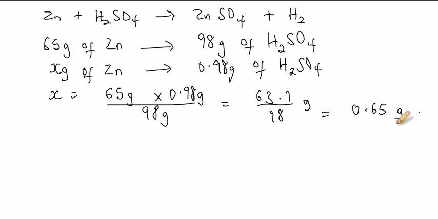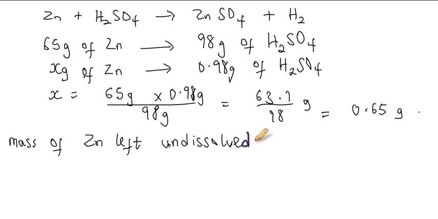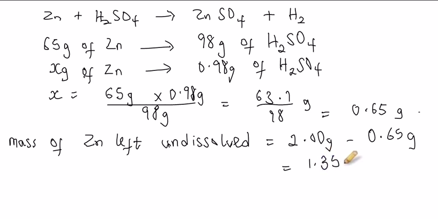So if 0.65 grams of zinc was just used out of the 2.00 grams given according to the question, then the mass of zinc left undissolved will be equal to the given mass, which is 2.00 grams, minus the mass that will be used, 0.65 grams, and this equals 1.35 grams, and this is going to be the final answer.